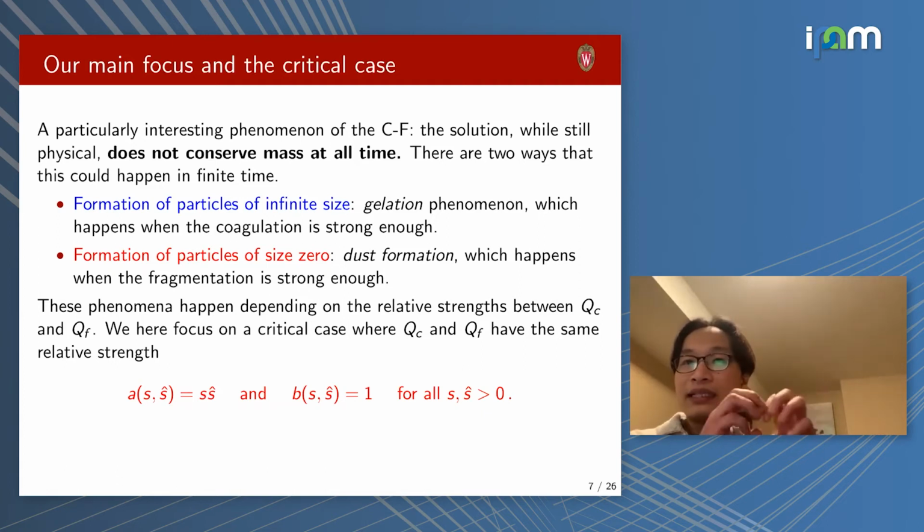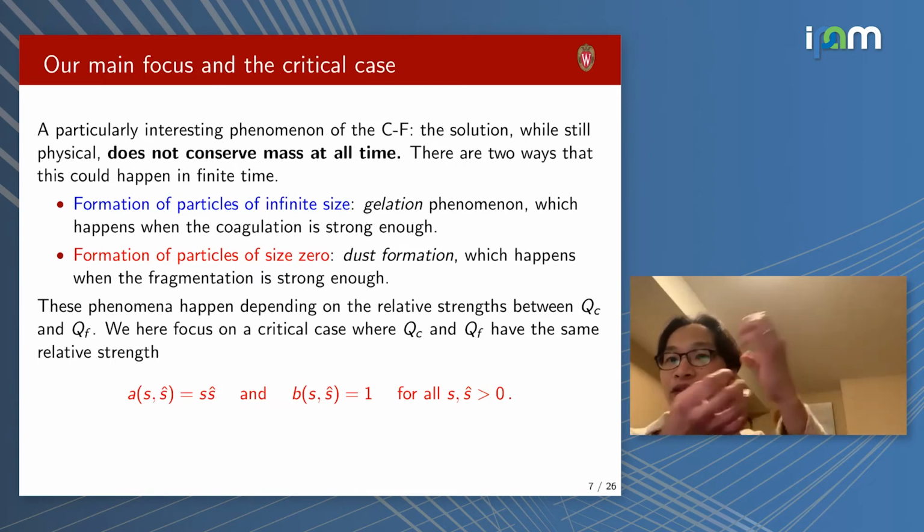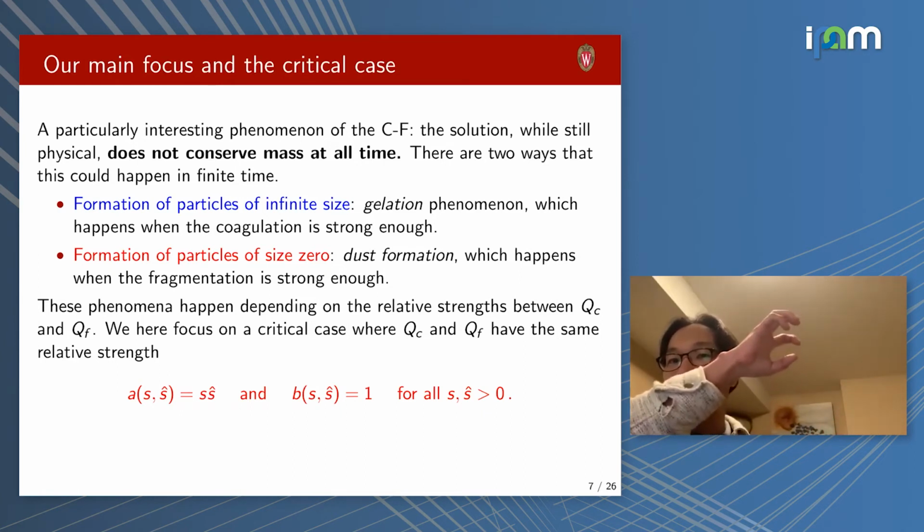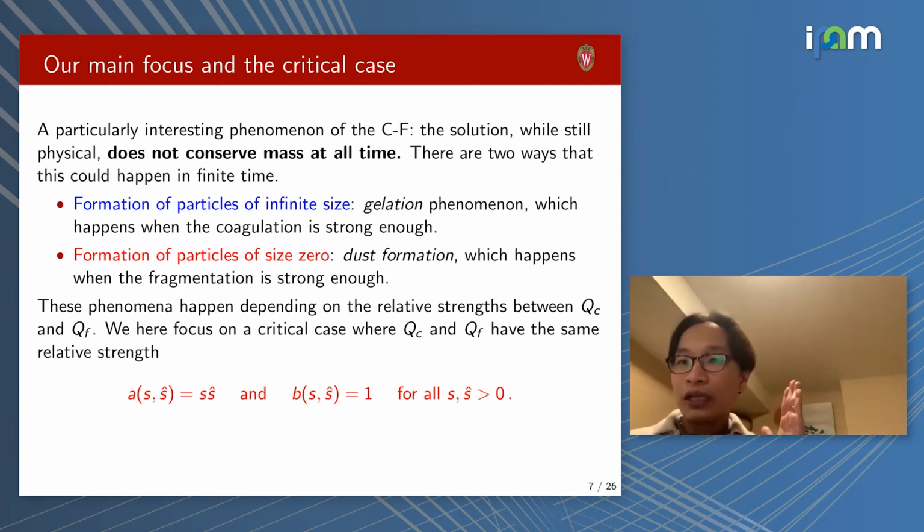If coagulation happens too quickly, you have clouds of small size, and if they keep merging really fast, then after a finite amount of time, for example, after 1/2 time, one joins with one to create two, and after 1/4 of time, two join with two to create four, and so on and so forth. So, in a combinatorial way of thinking, after time 1, we can create clouds of size infinity right away. This happens when coagulation is very strong.